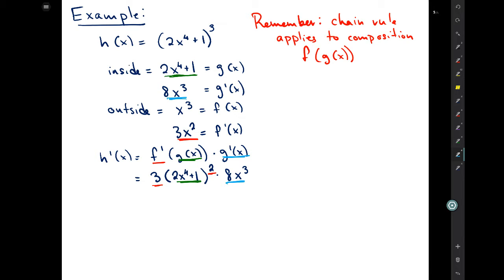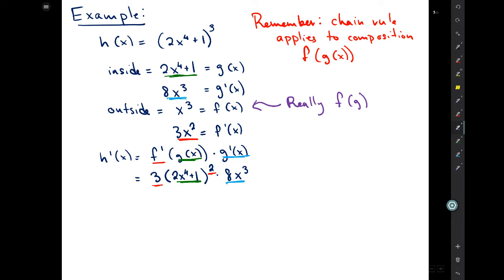Okay, so one thing to notice that's going on is that when I write this down, if that doesn't make any sense to you, it might make more sense to remember that really what's going on is we have f of g, that function g that's up there.